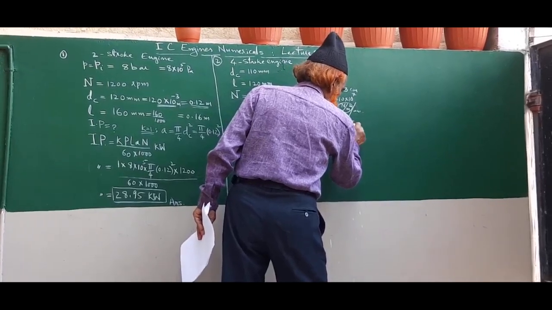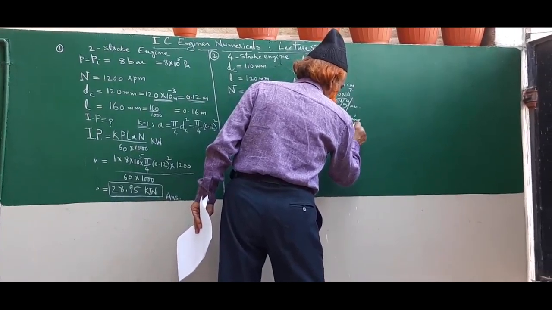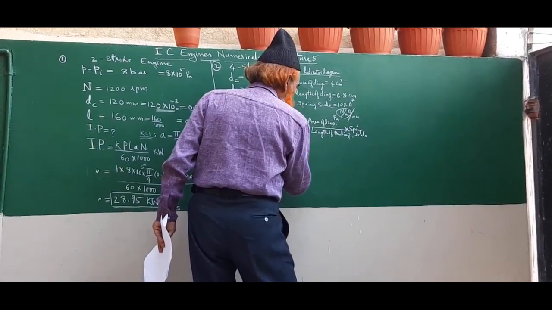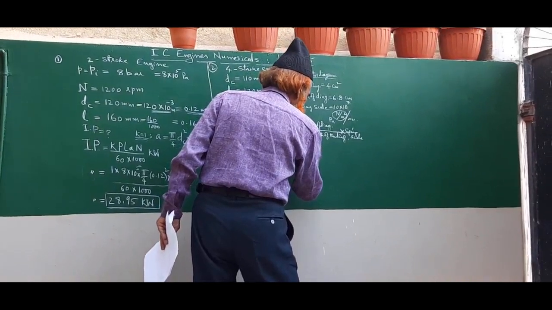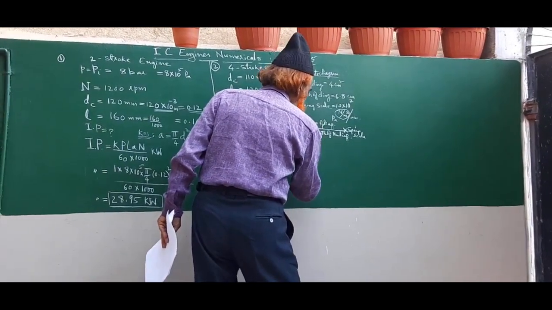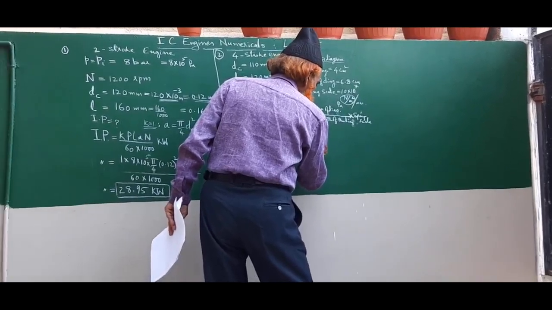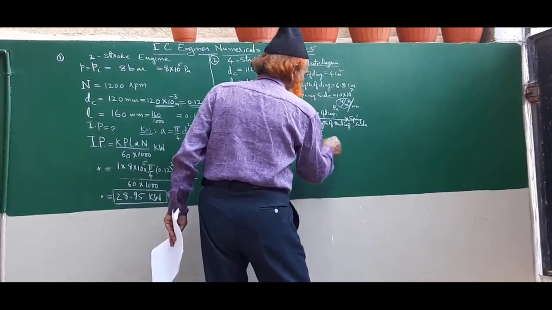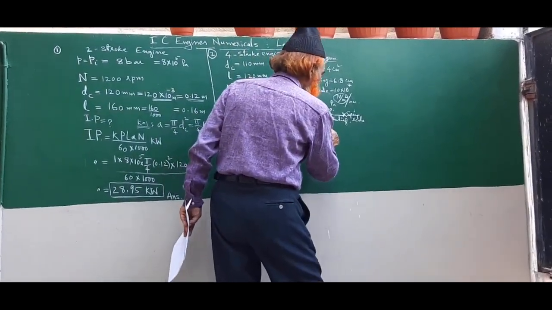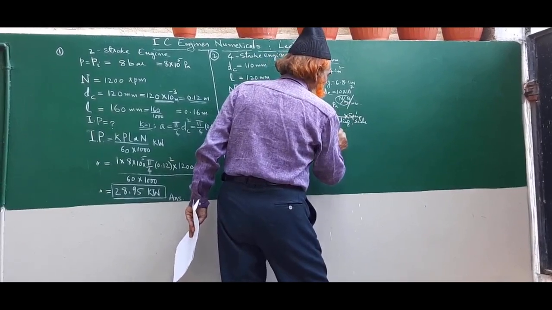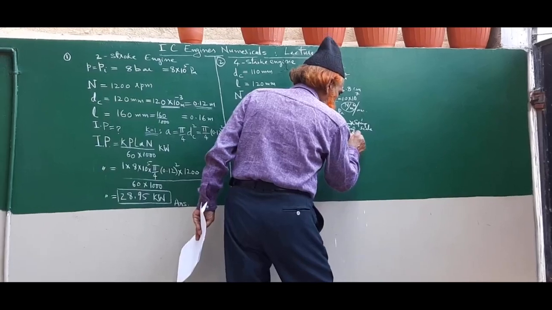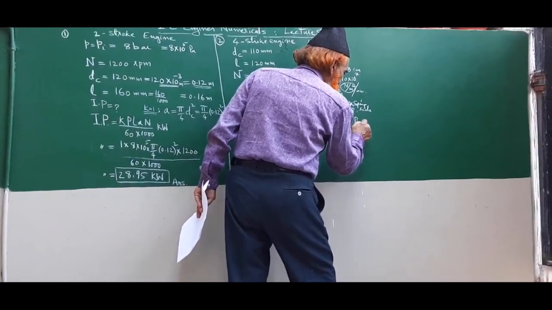Therefore, area of the diagram, you know, 4 square centimeter. Length of the diagram, you know, 6.8 centimeter. And spring scale is 10 into 10 to power 7, Pascal per mm.